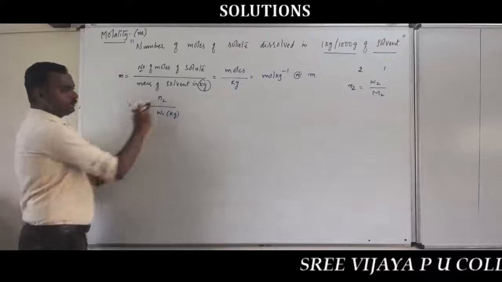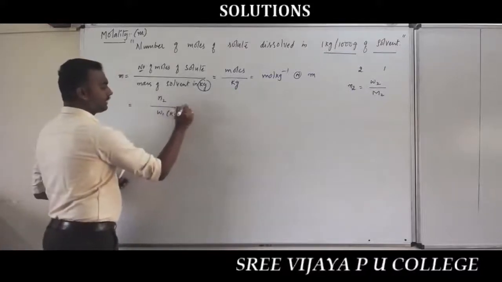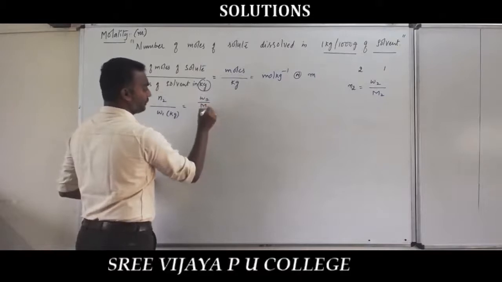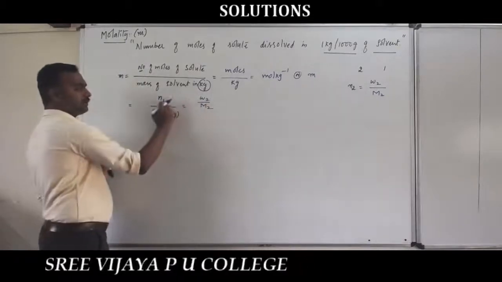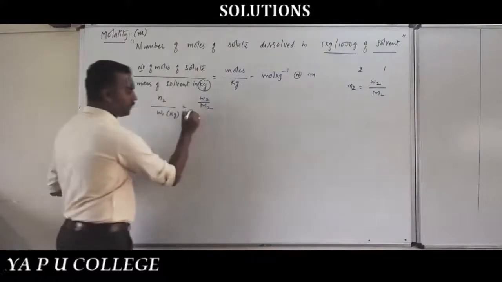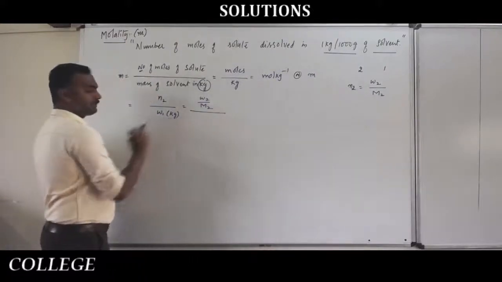We know N2 is W2 divided by M2, that is mass of solute divided by molar mass of solute, whole divided by mass of solvent in kg.